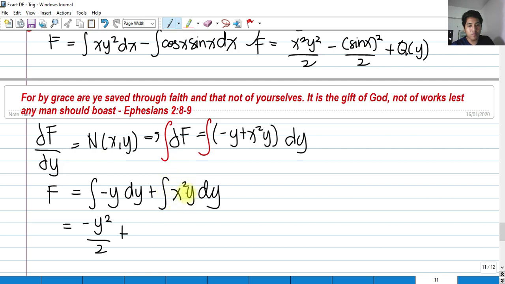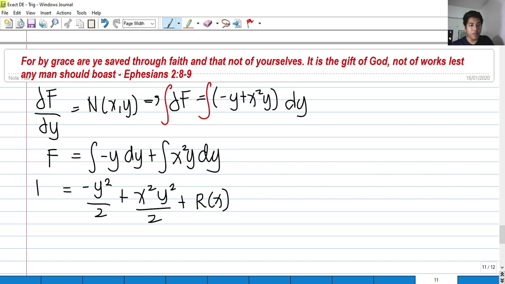And we can factor out x squared here, we are left with the integral of y dy, that is also y squared over 2, plus r of x. So I made a shortcut here in that we factor out x squared outside of the integral, get the integral of y dy, it's y squared over 2 that's multiplied by x squared. So this is our other value of f.